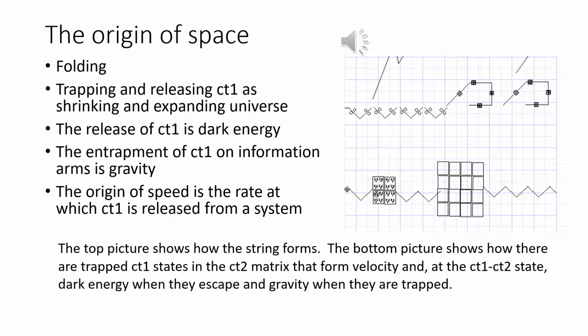Folding is the idea that you can match positive and negative values with at least some intervening trapped, unmatched lower CT states. This is how you get from a string to a knotted ball of yarn.